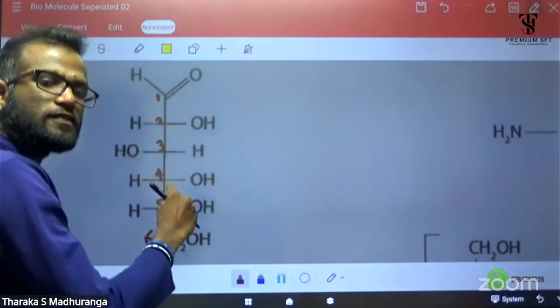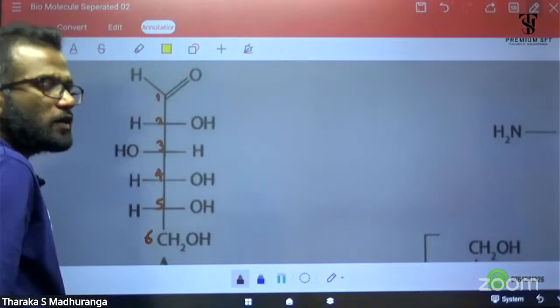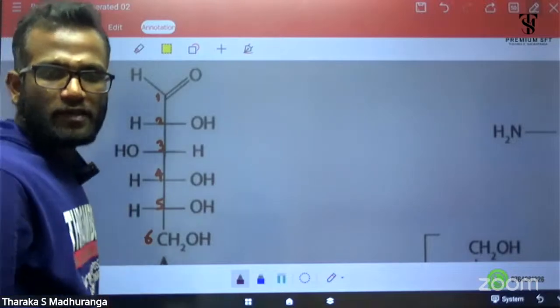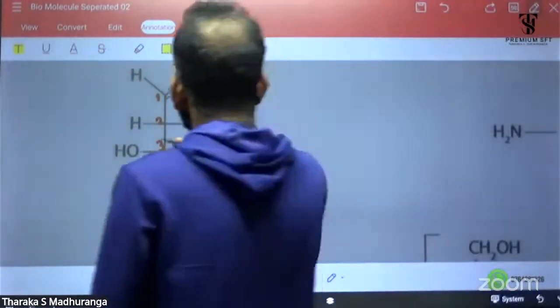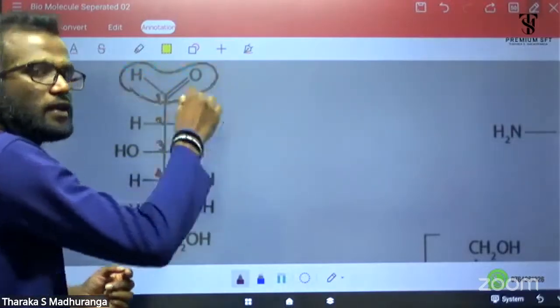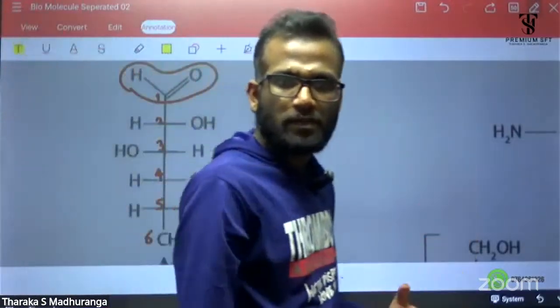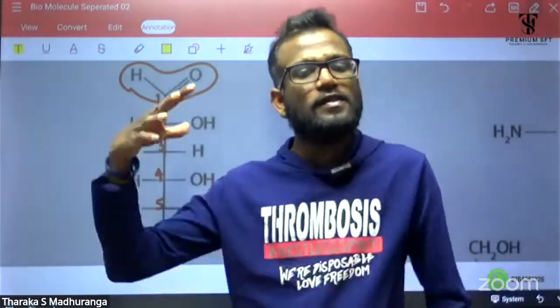It has 6 carbons. The first carbon is an aldehyde group, so it is glucose or galactose, right? If an aldehyde group is present, it is an aldose.